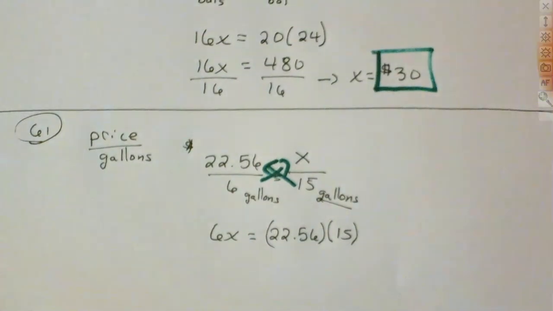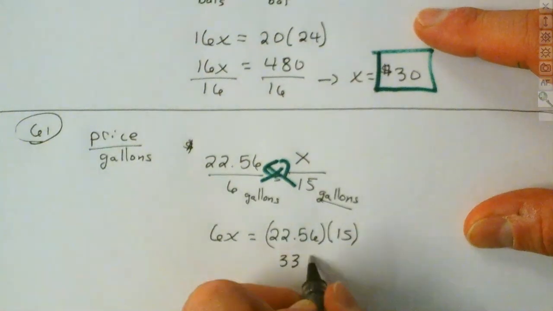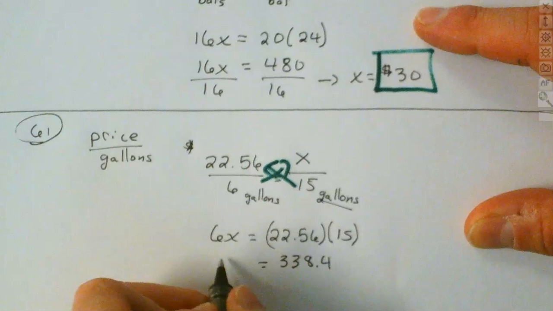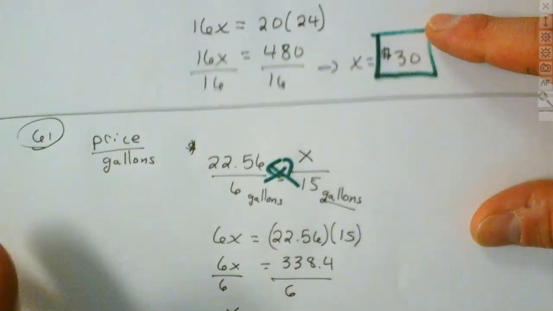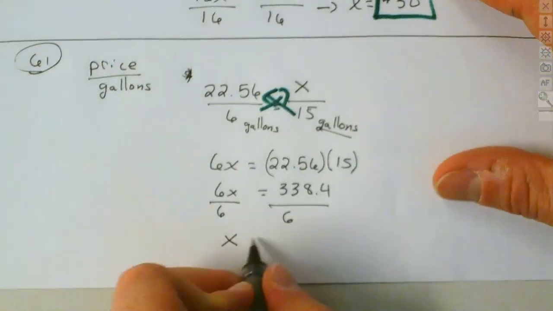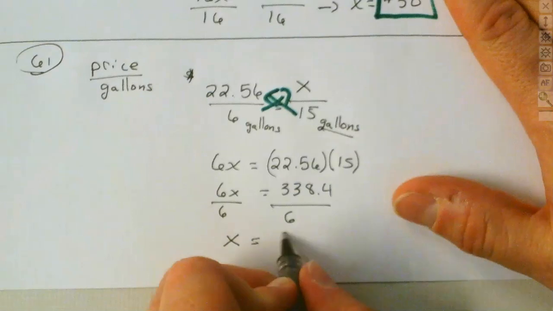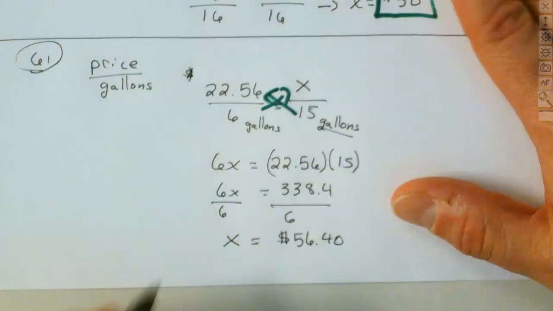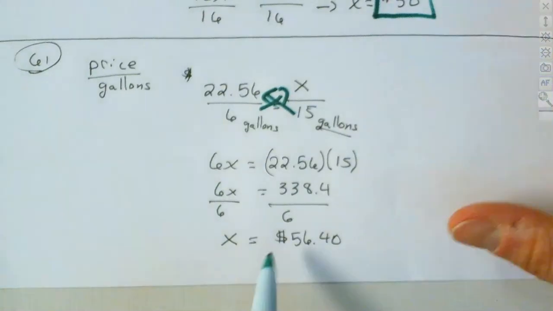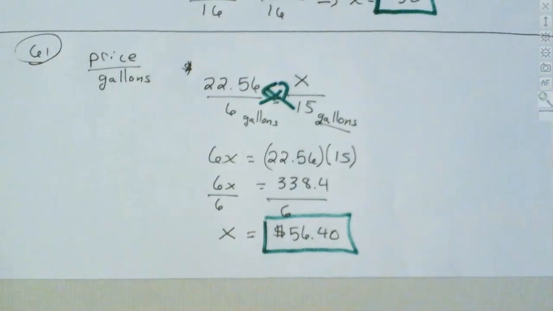That gives you 338.4 equals that 6x. We'll divide by our 6. And now we've got it, because what's x going to be? Yep, it's going to cost me $56.40. So I should be able to fill up my car with $56.40.